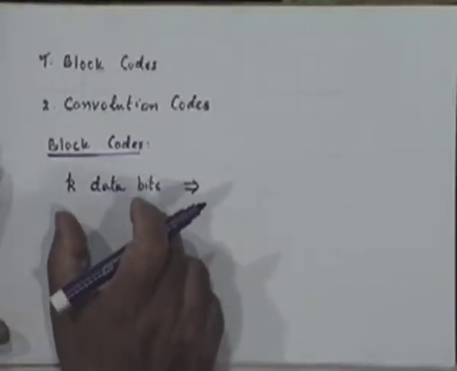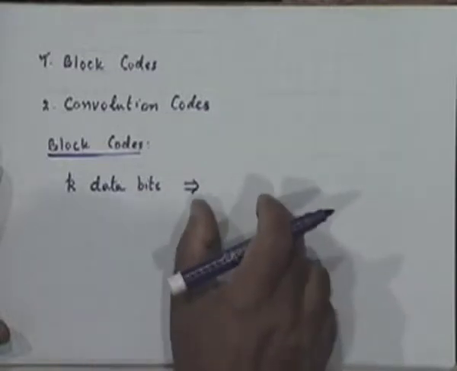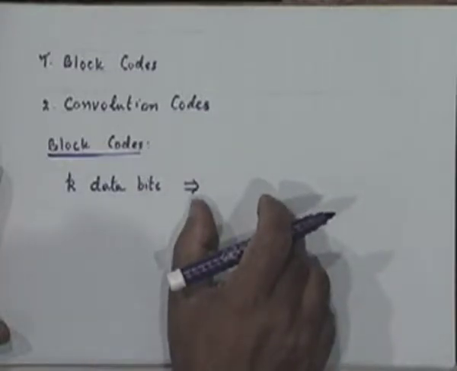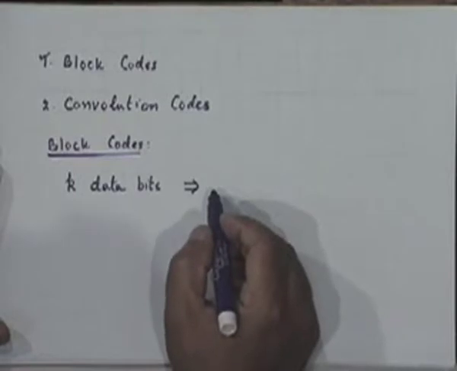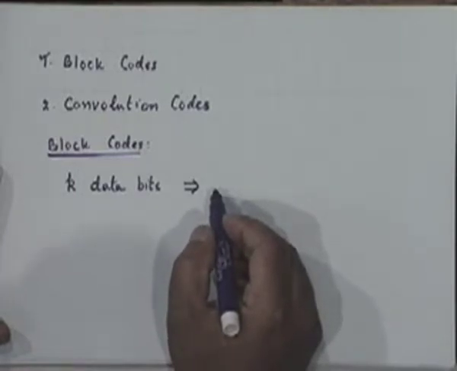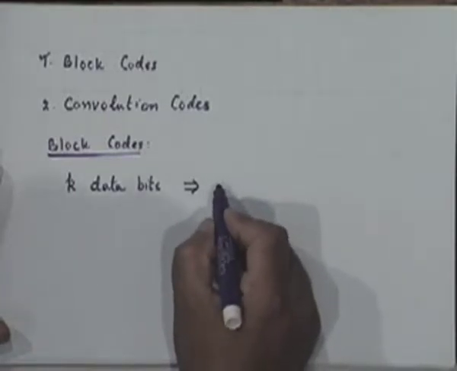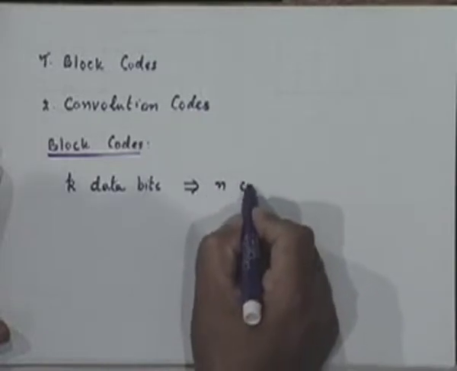You will be taking a block of data bits and encoding it into a block of so-called code bits, which will obviously be larger in number, right? So corresponding to k data bits, we will have n code bits.